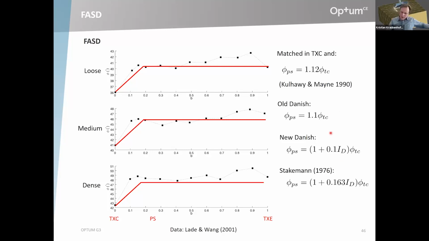I'm not sure there is a dependency on the relative density. This body of data doesn't really show much of that type of dependency, that the plane to triaxial ratio should depend on the density. So that's what I can say about that.